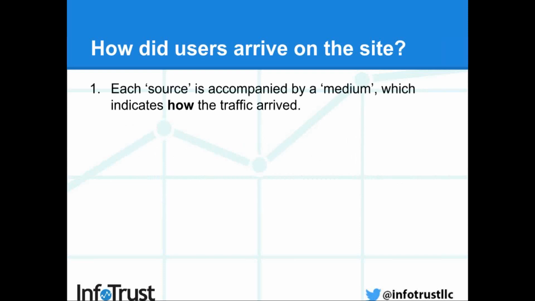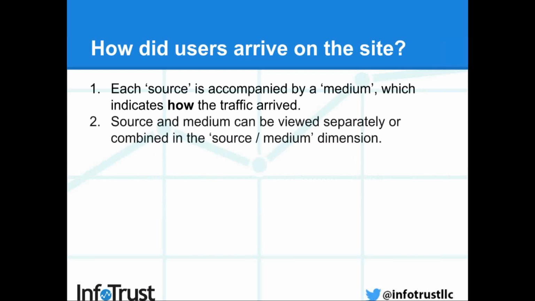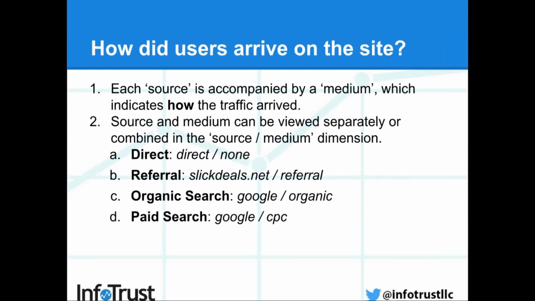Each traffic source is accompanied by a medium, which indicates how the traffic got to the site. Usually we view our reports with source and medium shown, because with those two things together, we can get a pretty good idea of where the traffic came from.